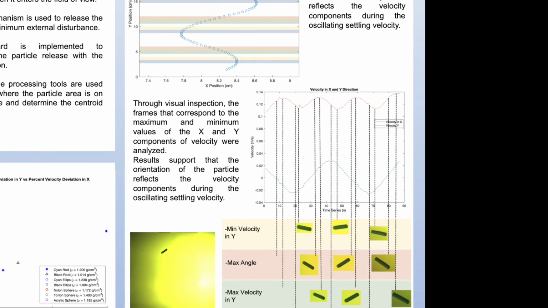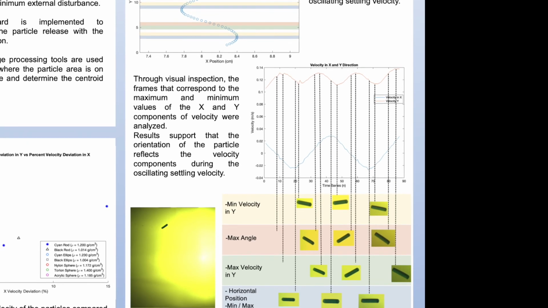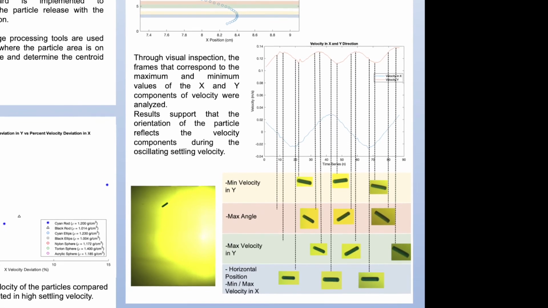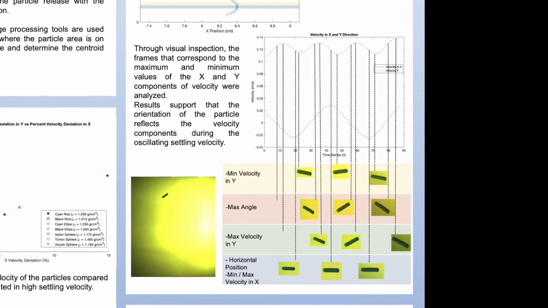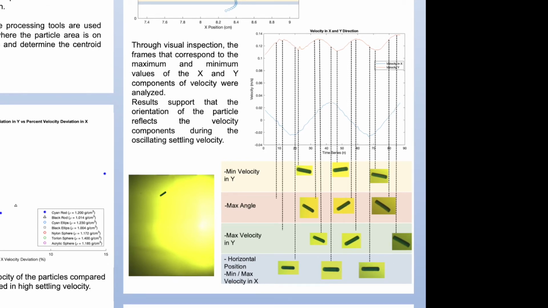Each frame was analyzed, and through the time series that we have for x and y components, we observed that at specific points, at the maximum and minimum points of the x and y velocity graphs, the particle demonstrated similar cases in multiple trials.